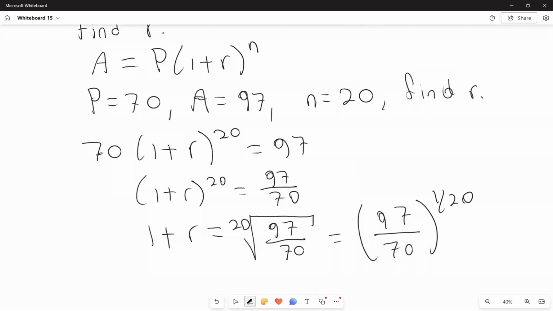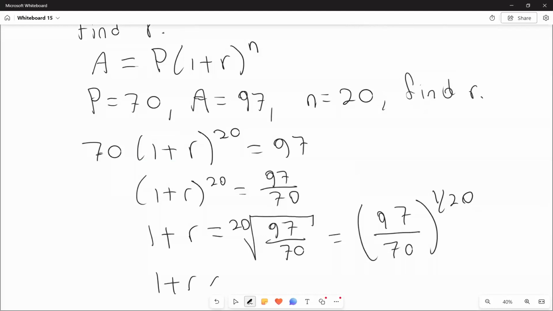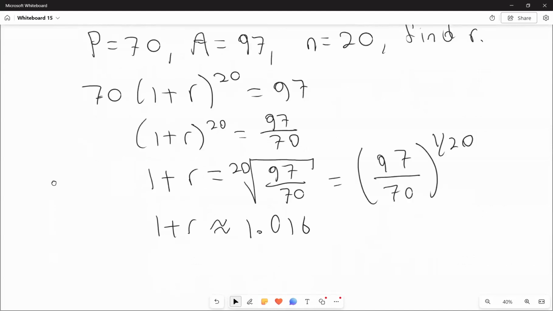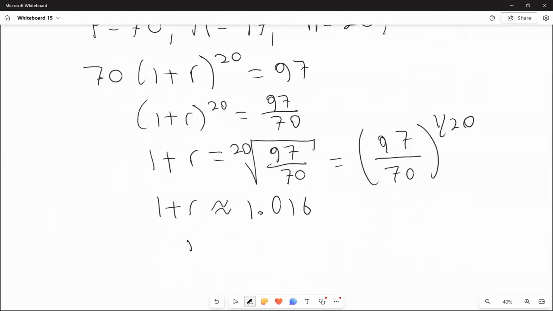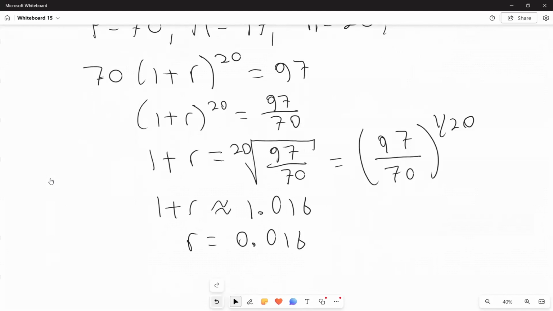Okay, so 1 plus R is approximately 1.016. And if you subtract 1 from both sides, R is approximately 0.016. The rate is a decimal; as a percent, that's going to be 1.6%. So this is the population growth rate.